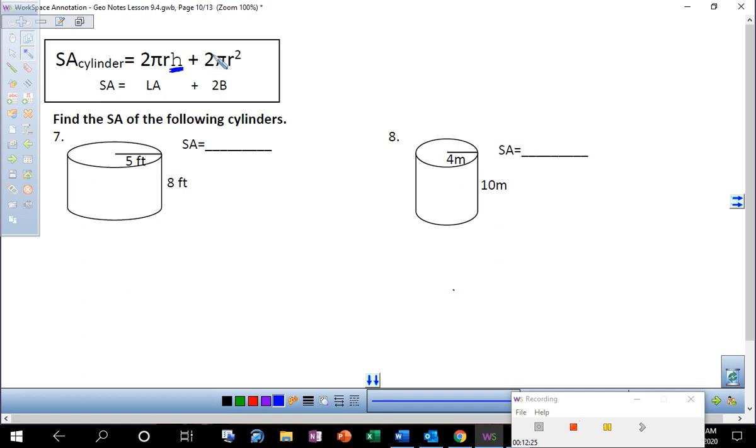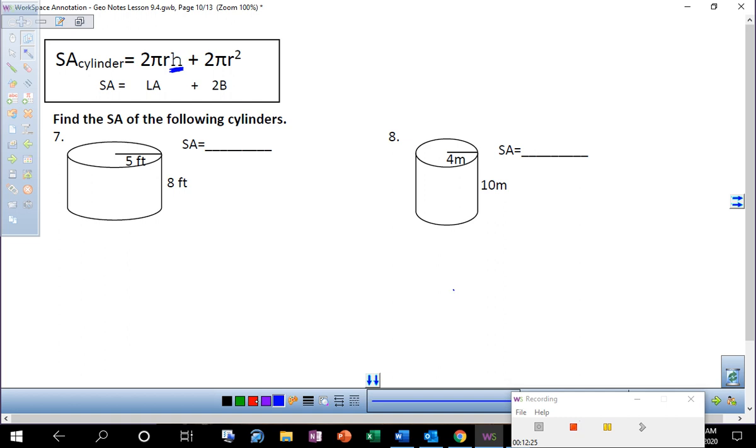So find the lateral area, find the area of our 2 bases, and then we can put them together. What's nice about these cylinders is they really have to give you all of your information. It's difficult for us to figure out the height or the radius. So these usually tend to be a little less work, as far as not having to deal with Pythagorean theorem.